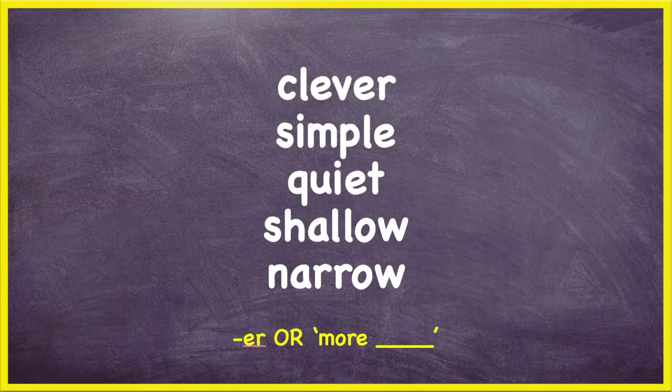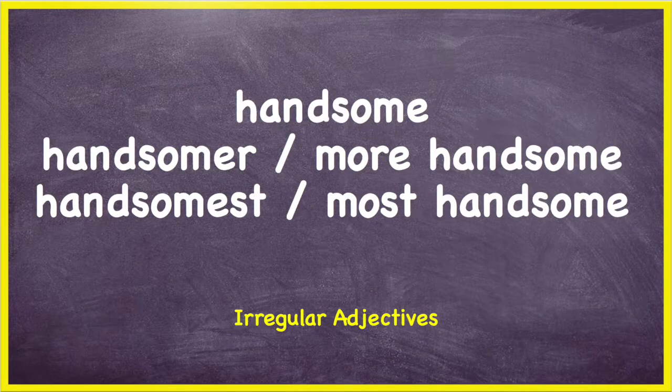And with these words, when it comes to comparatives, you can either add ER or you can use it as more adjective. So you can say cleverer or more clever, simpler or more simple, quieter or more quiet, shallower or more shallow, narrower or more narrow.